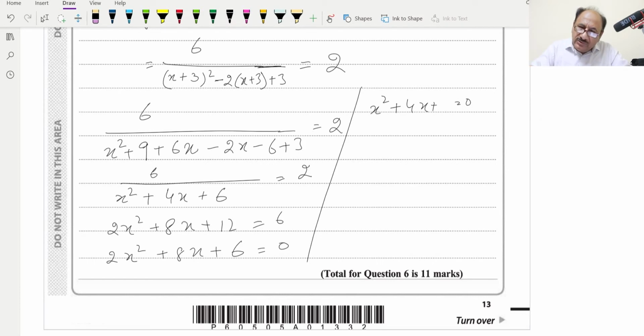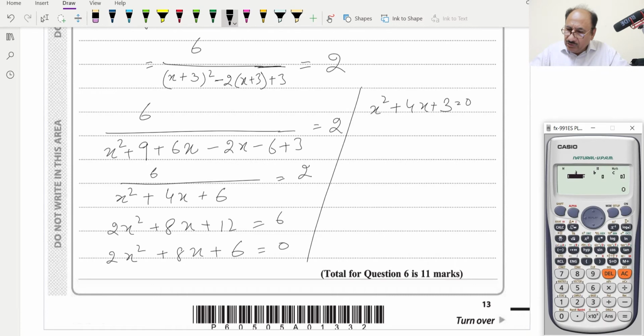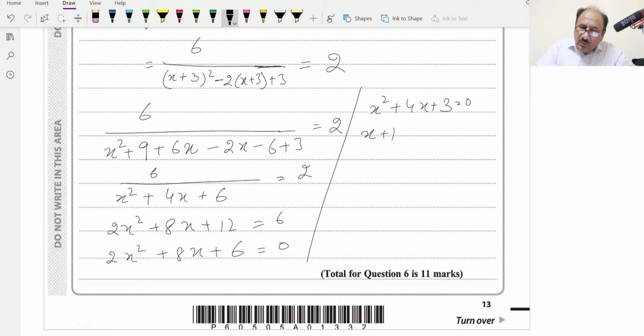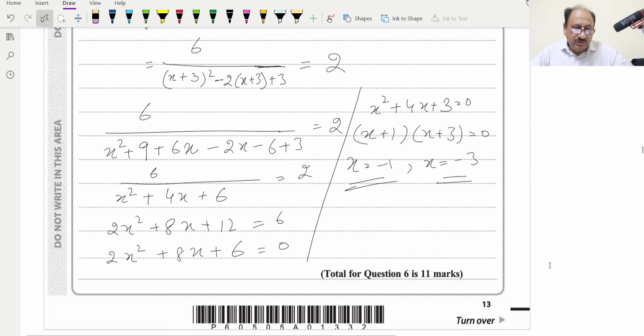This should not be 6, it should be 3, because we have to divide this. Okay, so now 1 and 4 and 3, and this will give us minus 1 and minus 3. So (x plus 1) and (x plus 3) is equal to 0. These will be the factors. So x is equal to minus 1 and x is equal to minus 3. These will be the two values which we needed to find.